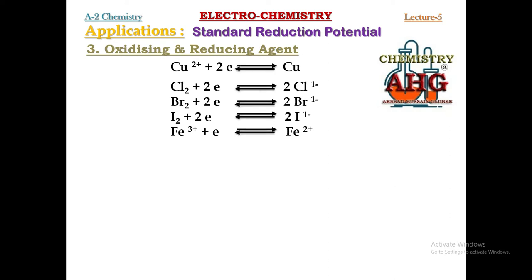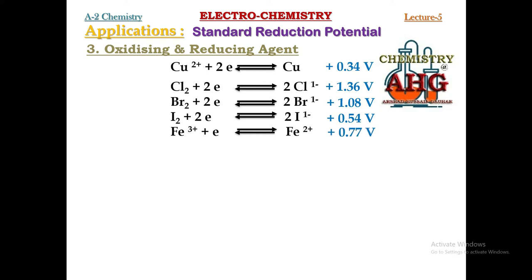For these half cells, you will also be provided with standard reduction potential values: copper plus 0.34 volt, chlorine plus 1.36, bromine plus 1.08, iodine plus 0.54 volt, and iron half cell plus 0.77 volt.